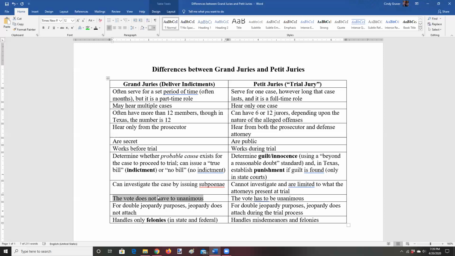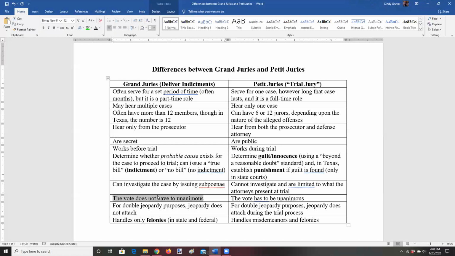Another difference between a grand jury and a petit jury is that a grand jury can investigate independently. They can issue subpoenas that maybe the prosecutor isn't even involved with. The petit jury is prohibited from doing any kind of independent investigation. They can only consider the information that they receive from the two sides, the defense and the prosecution.